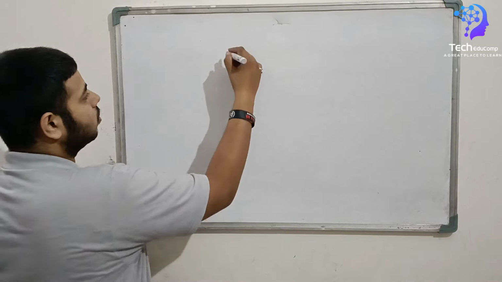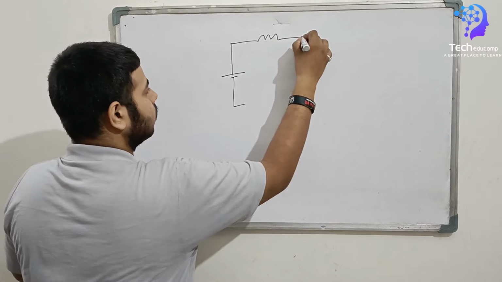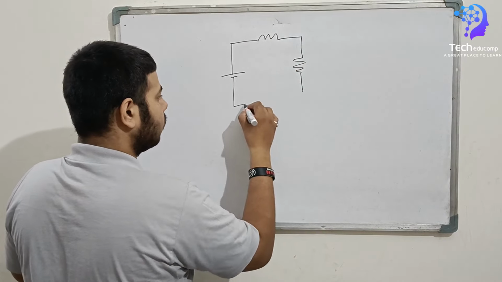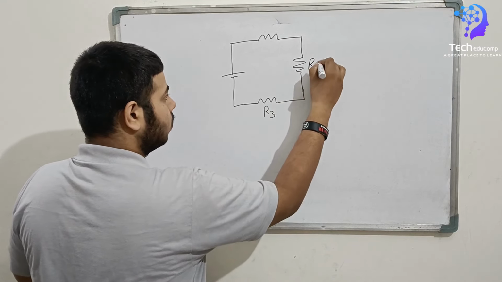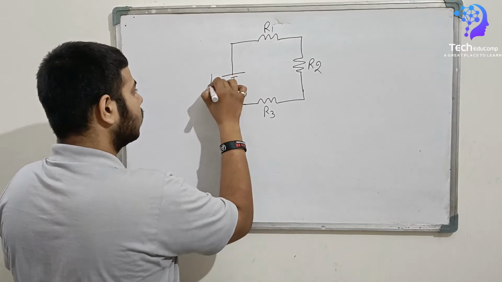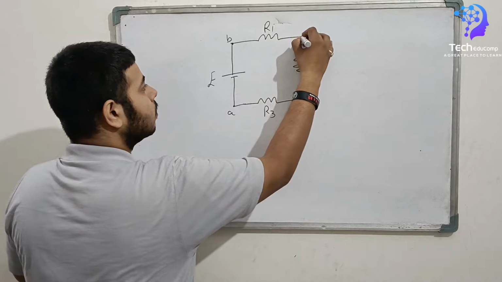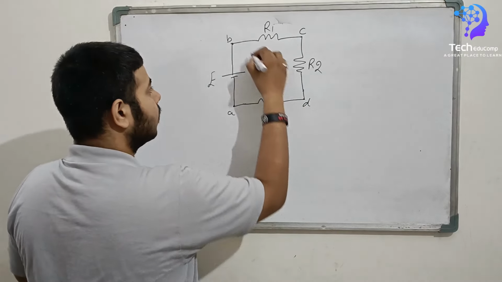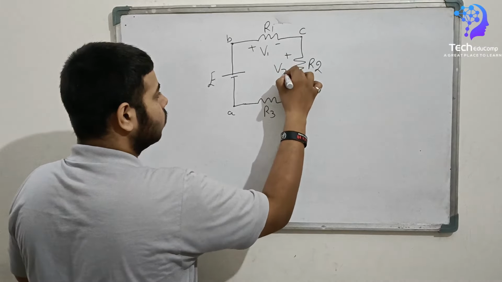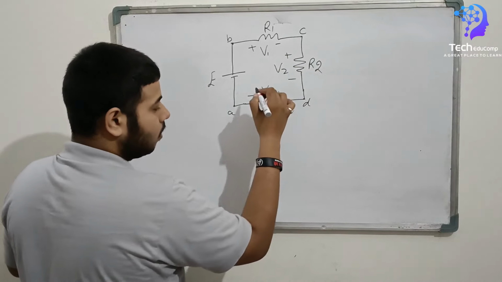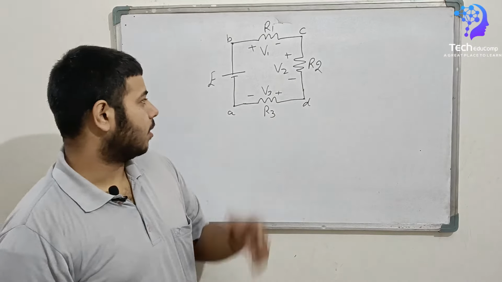This is R3, R2, R1, E. These are points A, B, C, and D. Plus minus V1, plus minus V2. These are the voltage drops. So we have this circuit.